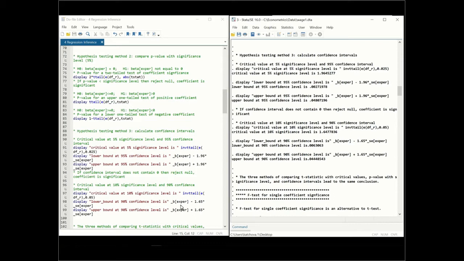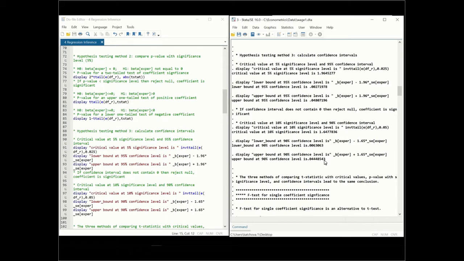So here we would be calculating this confidence interval as the coefficient minus 1.65 times the standard error, or the coefficient plus 1.65 times the standard error. So these are the 90% confidence interval for the coefficient.